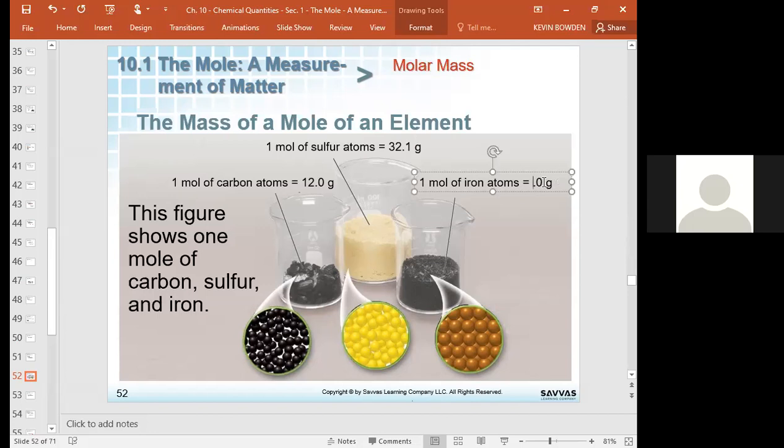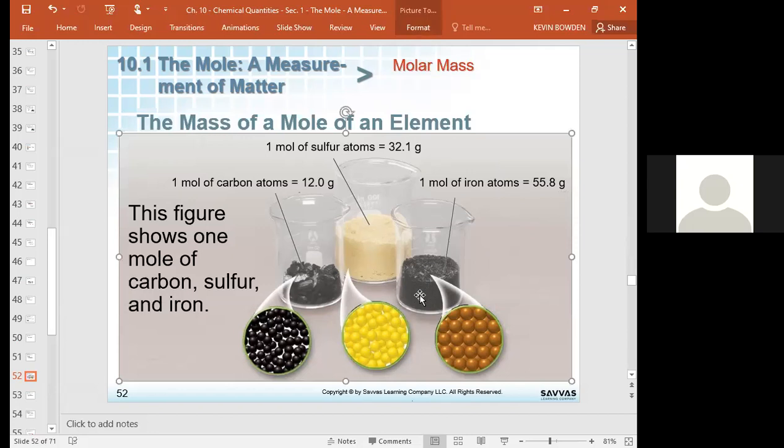So iron, 55.8, sorry. I should have that memorized, but I'm a little rusty. Something as simple as iron. All right, come on, Savis, you're just being lazy here. Oops, not 565 either. All right, 55.8 grams.